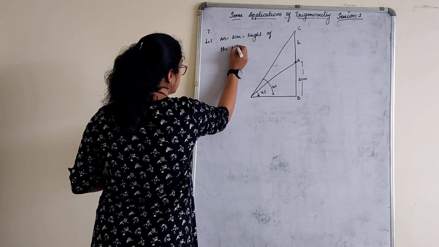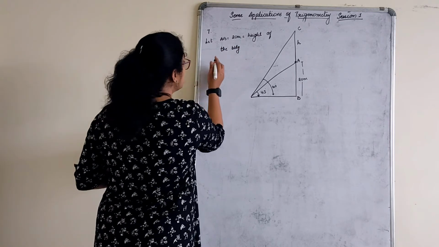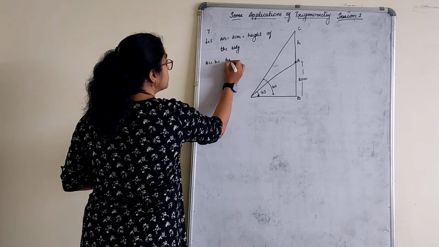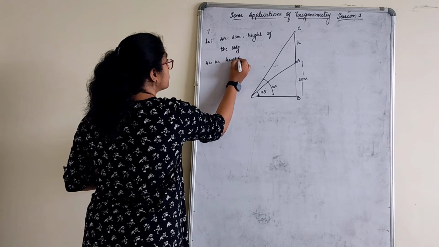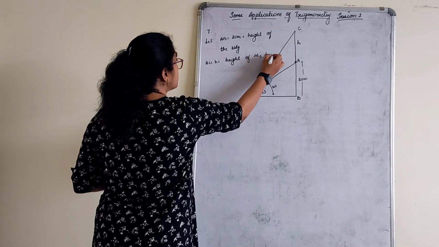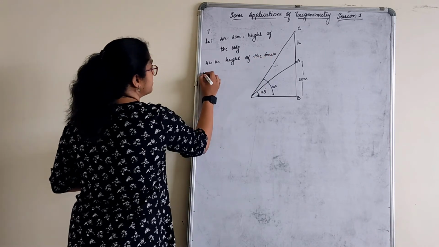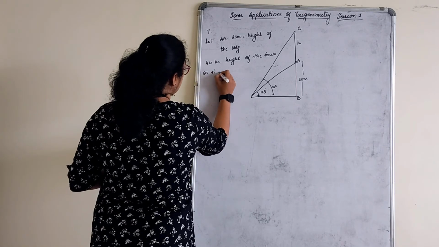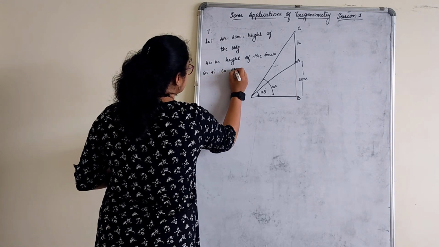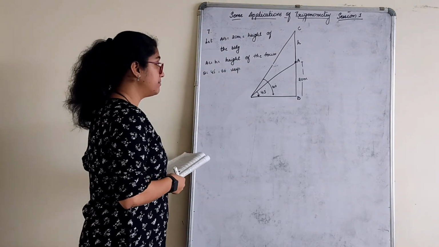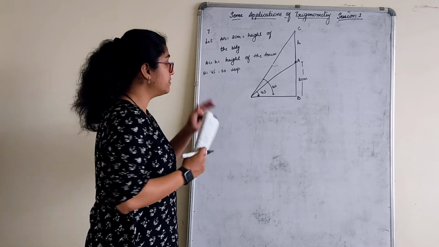AC is equal to H is equal to height of the tower. Then I will just write theta as 45 and 60 degree respectively. Understood? Okay. Now we have to find it here.